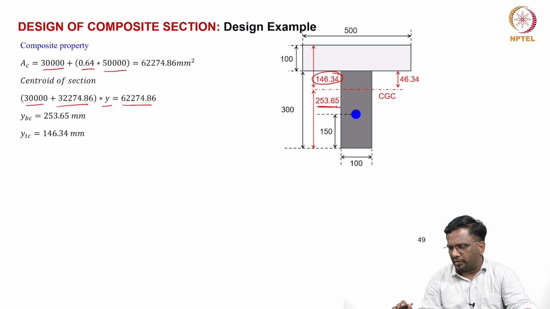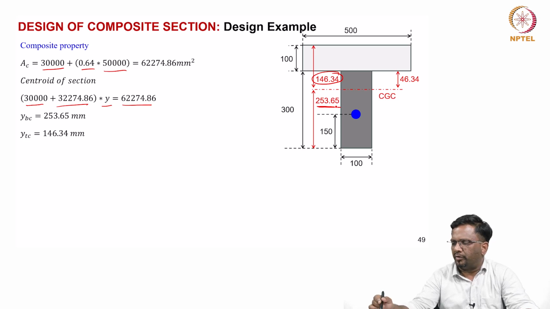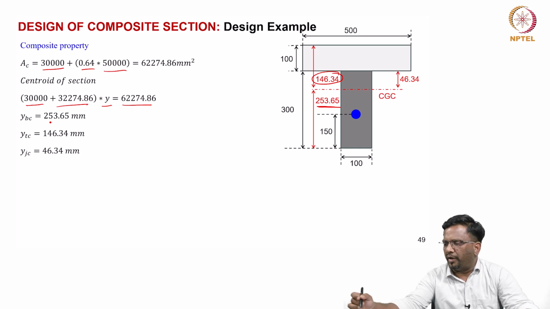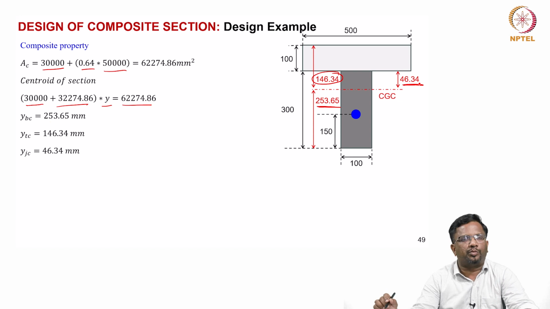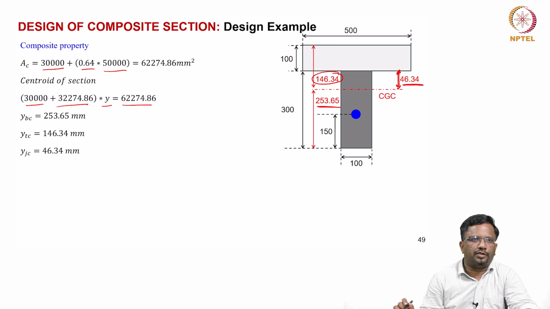The distance of the top and bottom fiber from the CGC: the bottommost fiber is at 253.65, and the top fiber is at a distance of 146.34. Now the joint is at a distance of 46.34 from the CGC, like this.